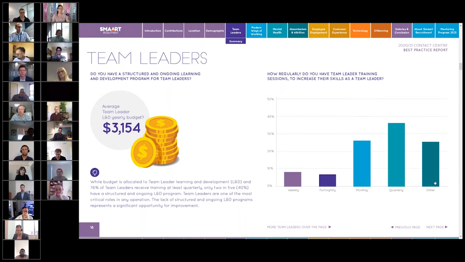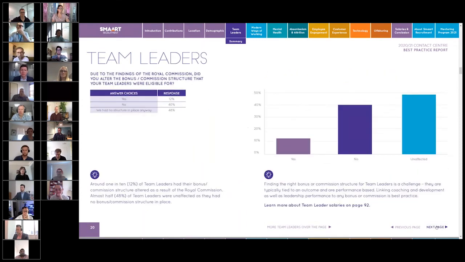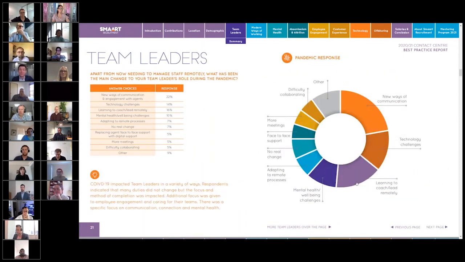Another point to touch on to wrap up my final points from the TL was around the COVID perspective. We really wanted to understand the impact that this has had on team leaders. There were many things highlighted, but at a high level, essentially everyone says COVID's had an impact on us. 93% say it's had a real impact on our business.